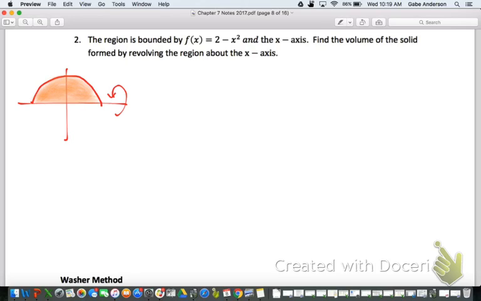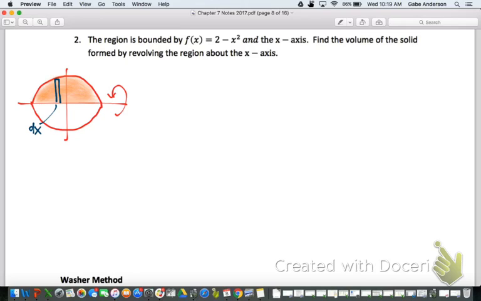So again, use your Play-Doh. Let's try to think about what this would look like and create that shape. So there's my representative rectangle. As I mentioned before, this sets in motion everything else. This representative rectangle has a very specific thickness. What would it be? It would be dx this time as opposed to before it was dy.